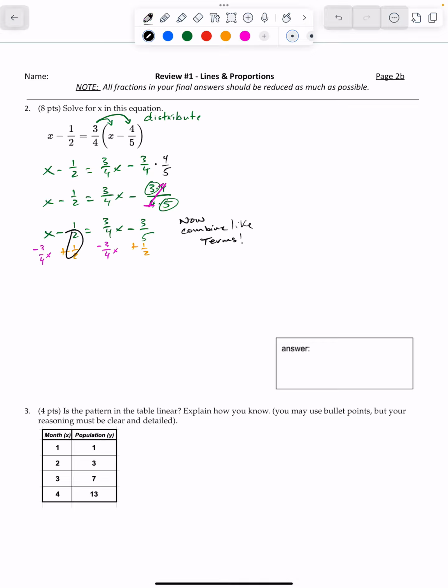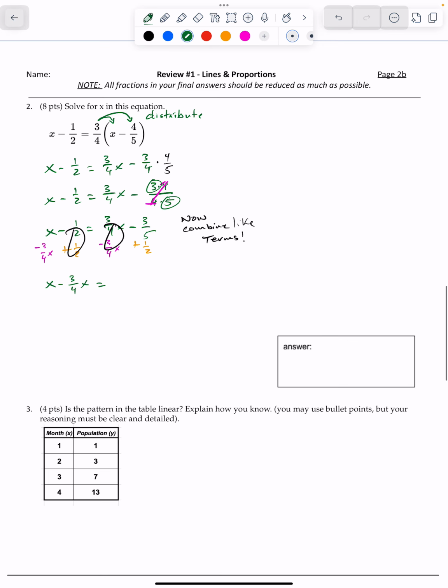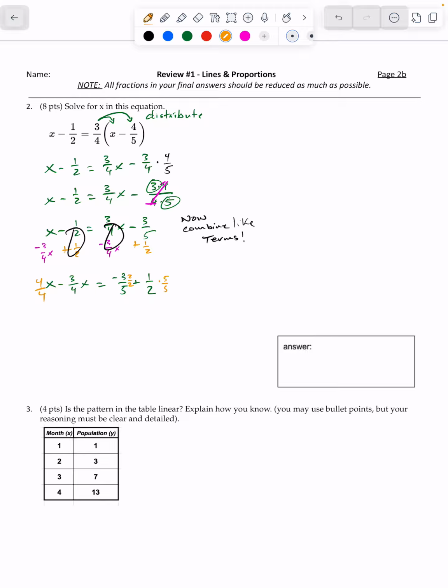So those sum to 0, those sum to 0. And what I have is x minus 3/4 x equals negative 3/5 plus 1/2. Well, let's simplify all that up. So this is 4x/4 to get a common denominator. On the right side, I need to multiply this by 2/2 and this by 5/5 to be able to combine them.